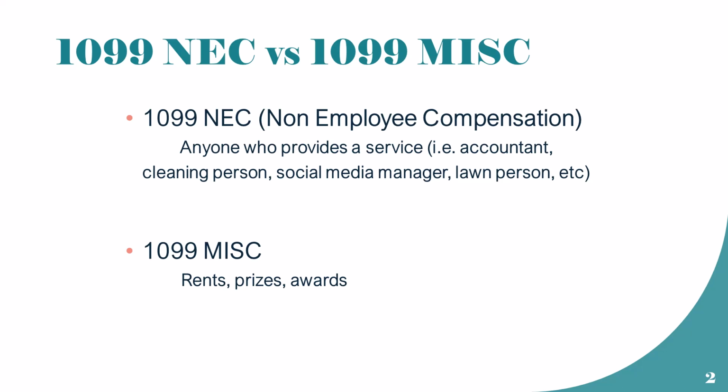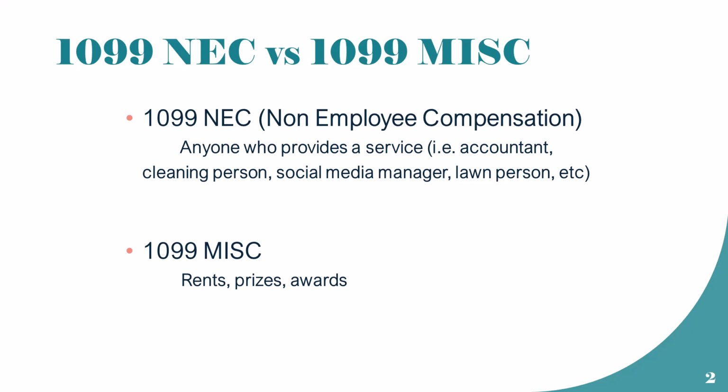So that could be your accountant, your cleaning person, your social media manager, any freelancer, just anyone who's provided services. Your 1099 miscellaneous is for anyone you pay rent to and anyone you've paid for prizes and awards, etc.